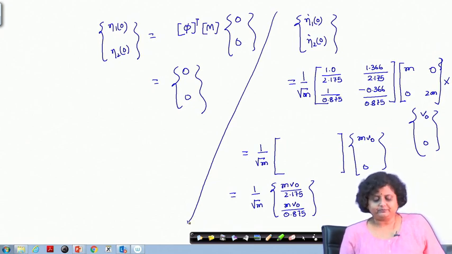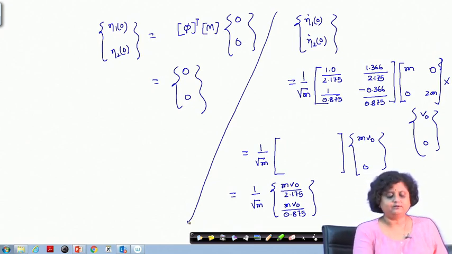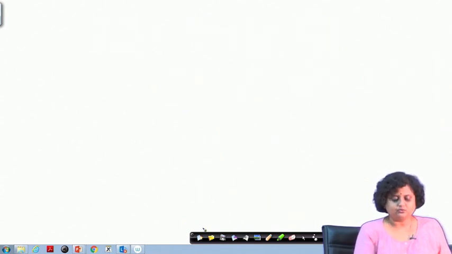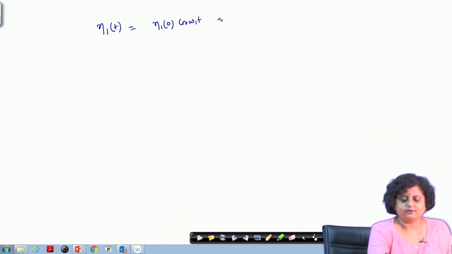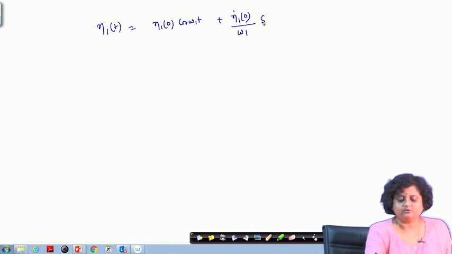Okay. So, now I have got the initial conditions on the etas. Now, I can go back to the solution where eta 1 t is eta 1 0 cos omega 1 t plus eta 1 dot 0 by omega 1 into sin omega 1 t.